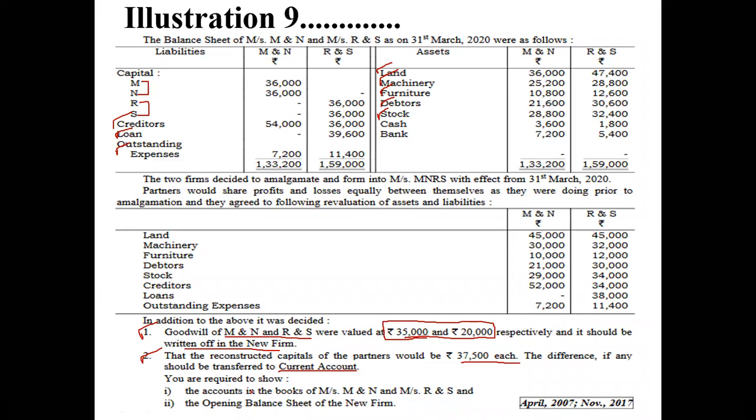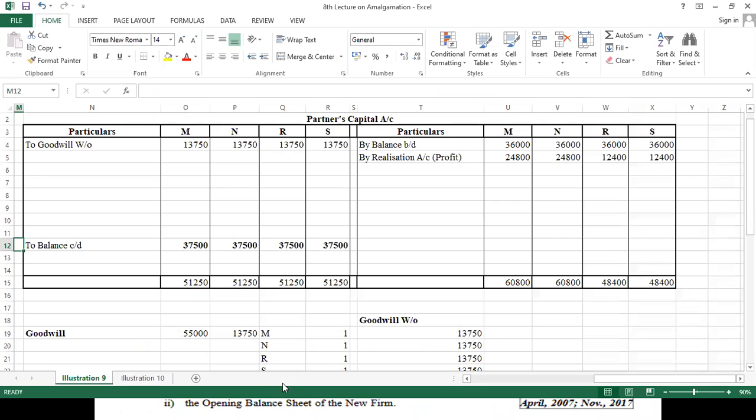The second part of adjustment number 2 says the difference, if any, is to be transferred to current account. So we are going to see which account is heavy and which is not. For that purpose, we will write to current account, star mark, a balancing figure, and by current account, again a balancing figure.